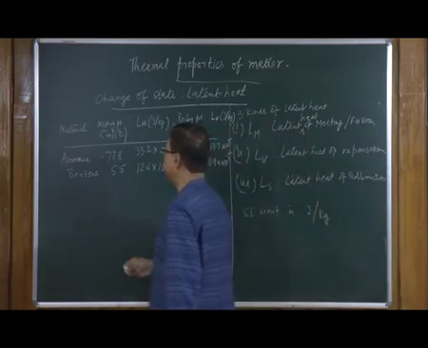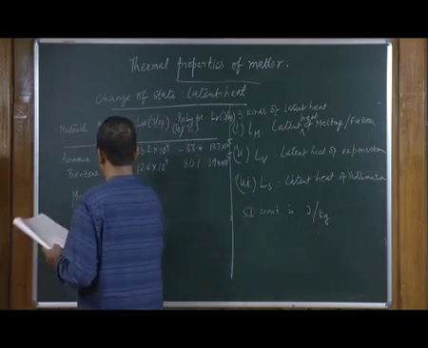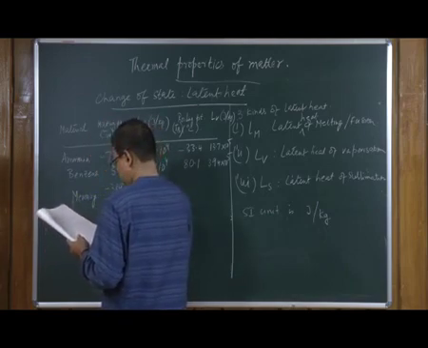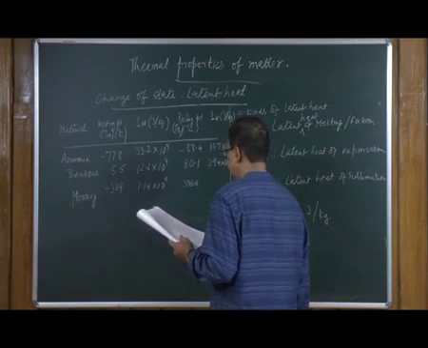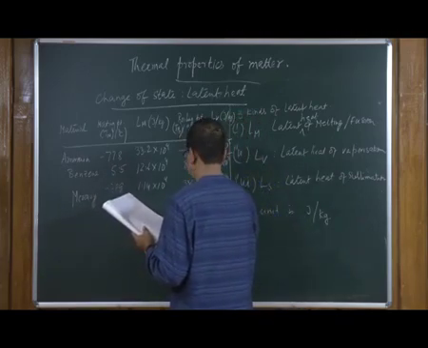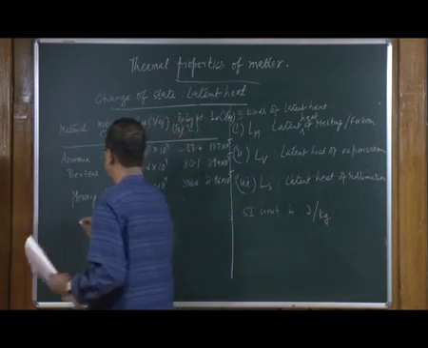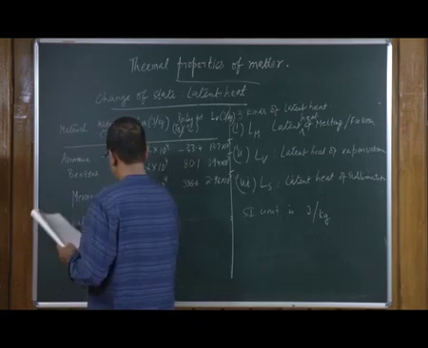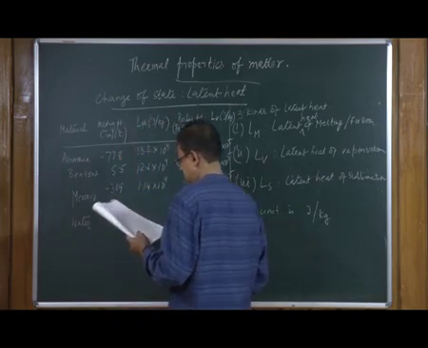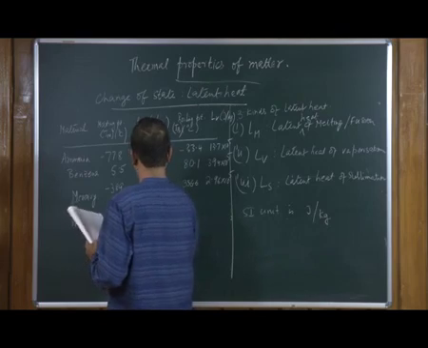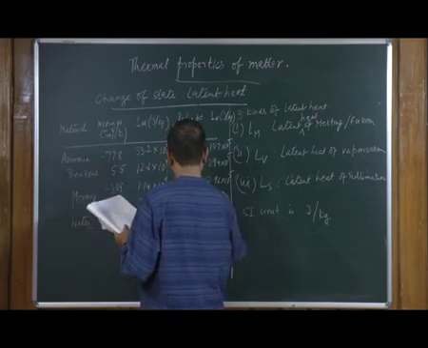So, this is for benzene, and for mercury, this is minus 38.9, and it is 1.14 into 10 to the power 4, while mercury has a very large boiling point, which is 356.6 degree centigrade, and it is 2.96 into 10 to the power 5, and water has a melting point of 0.0, and Lm equal to 33.5 into 10 to the power 4, and boiling point 100 degree centigrade, and Lv is 222.6 into 10 to the power 5.